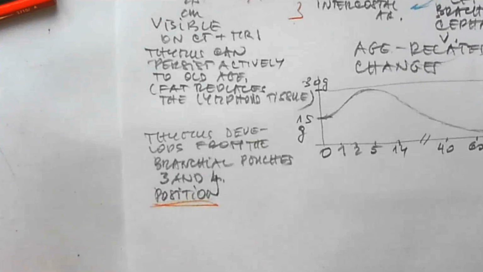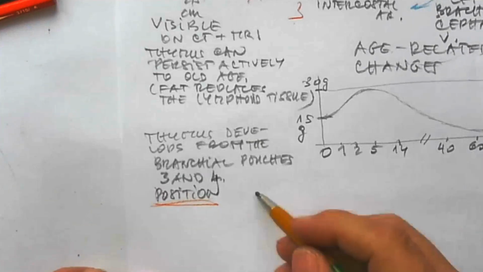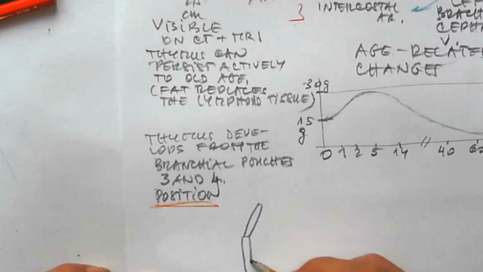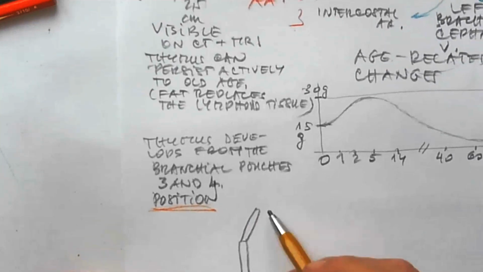Also, maybe one sketch could be helpful. Trying to draw the manubrium of sternum, body of sternum, xiphoid process.